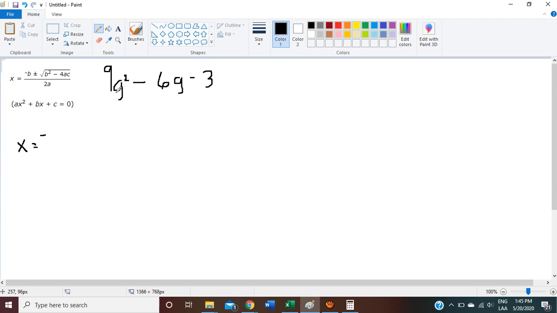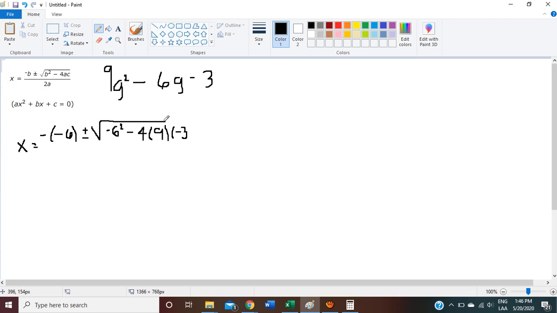So negative B. B is negative 6, plus minus, we open the square root, B squared, negative 6 squared, minus 4 that multiplies A, which is 9, and it also multiplies C, which is negative 3.